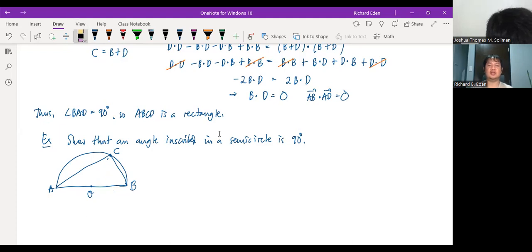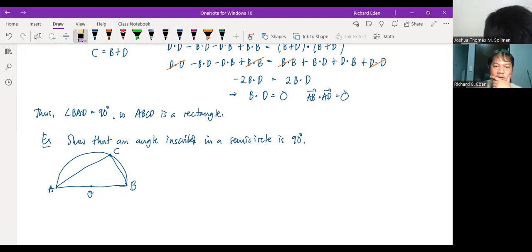Furthermore, OA and OB are two vectors in opposite directions having the same length. So OA and OB are negatives of each other as vectors, because they're parallel, have the same length, and are in opposite directions.